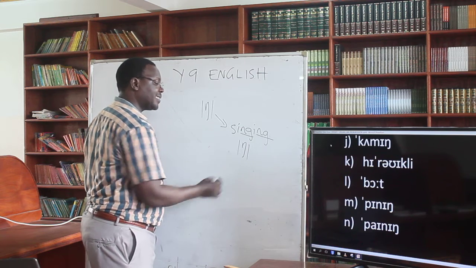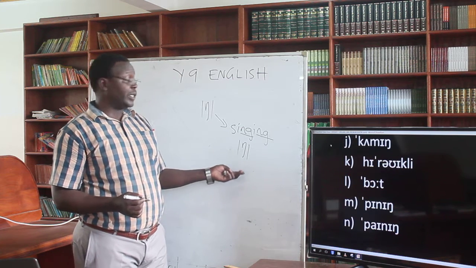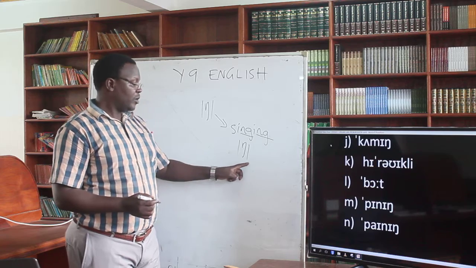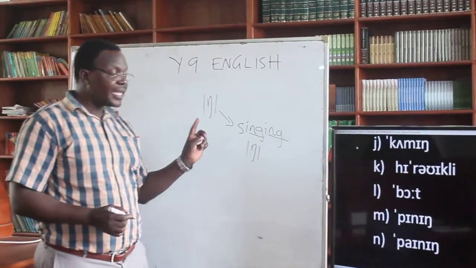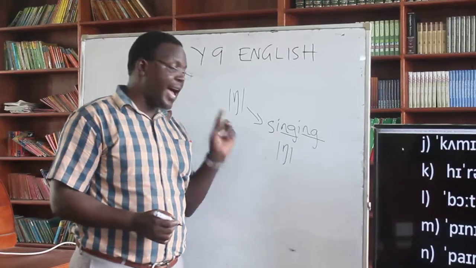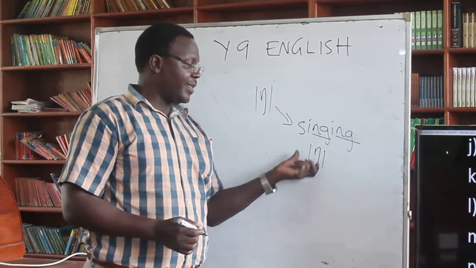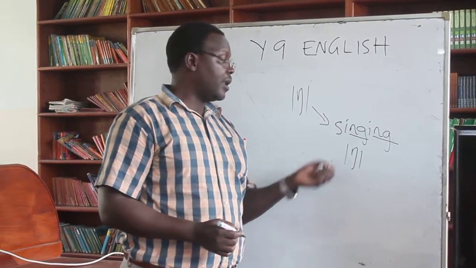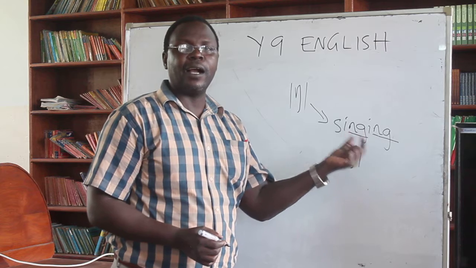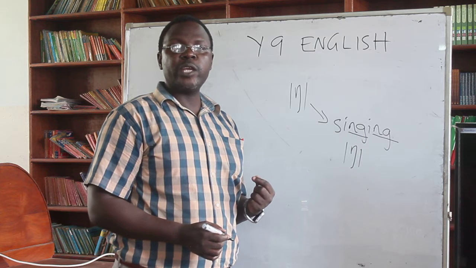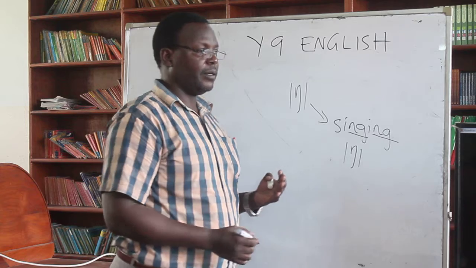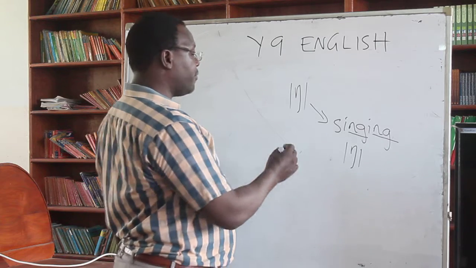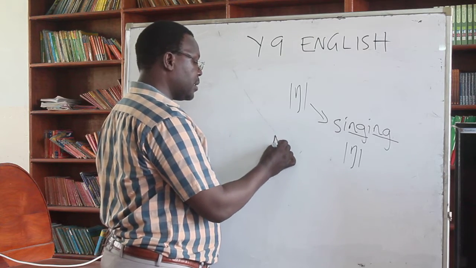I said we have to put it between the slashes to differentiate the letters from the sounds. That sound is written like that, and that is how it is pronounced, like you say singing, reading, speaking.